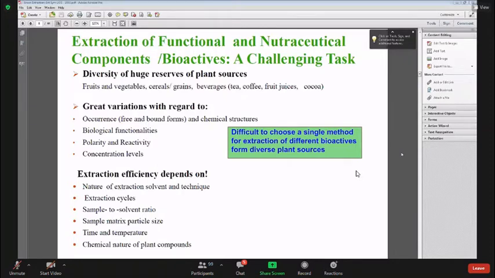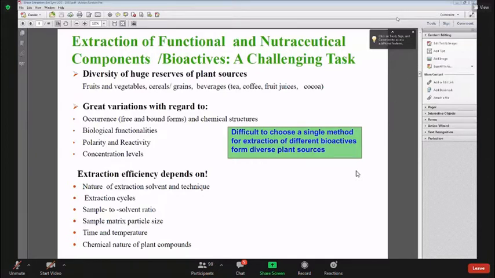Their concentration may vary from traces to a few milligrams and even up to grams per kg in different materials. Also, the extraction efficacy of any method depends upon the nature of the extraction solvent and the technique which we are applying for the extraction of these bioactive components.